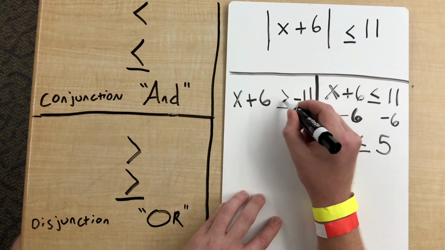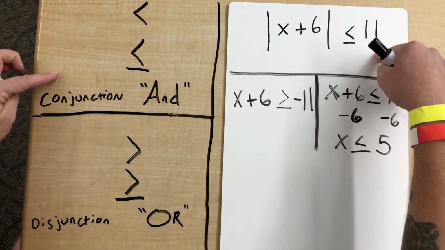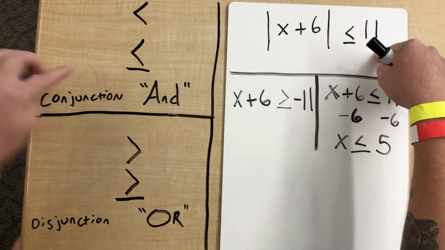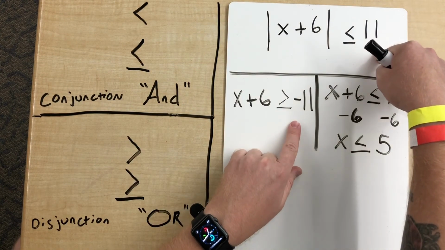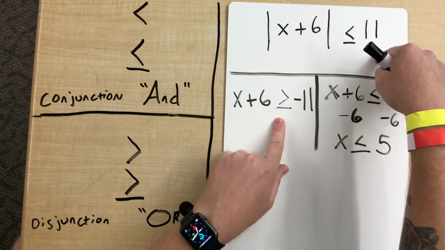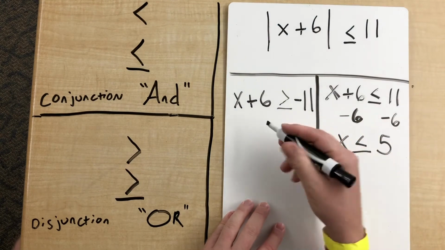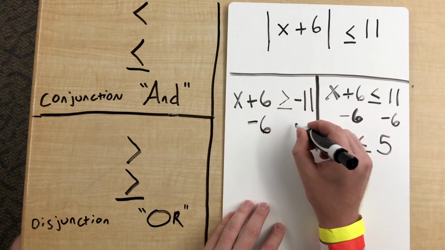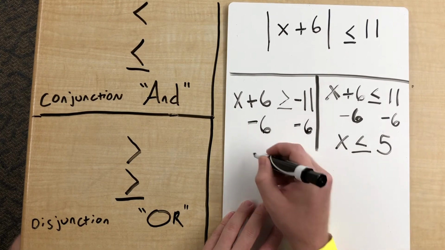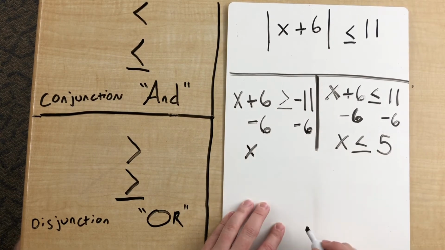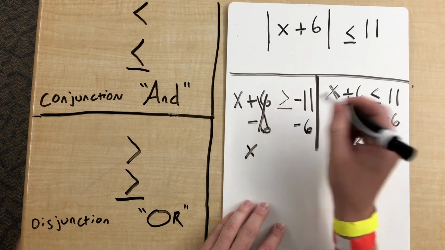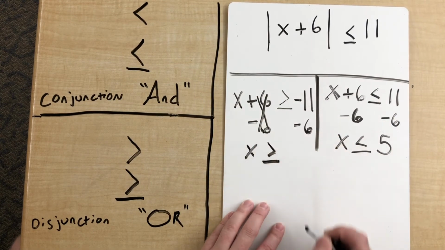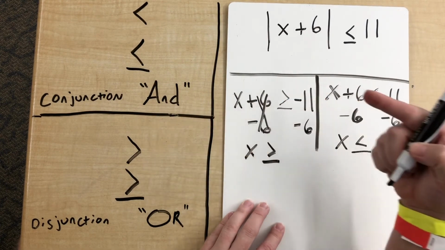It's still originally a conjunction statement, an and statement, right? But part of the strategy of finding that second solution, making that negative, flipping the sign, okay? Now, let's get x by itself. I'm gonna subtract 6. Subtract 6. Here we have x is, those cross out, greater than or equal to negative 11 minus 6 is negative 17.